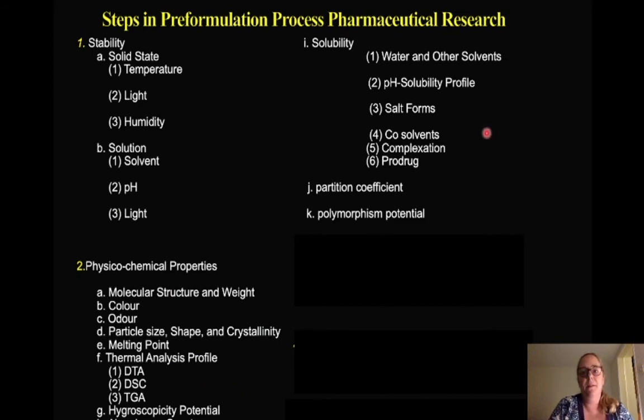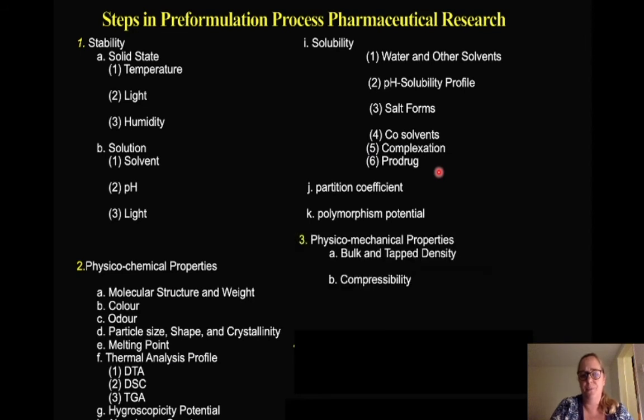The pH solubility profile is checked. Different salt forms are looked at, even co-solvents and something called complexation, and also the prodrug. And then there are some calculations to consider, something called partition coefficient and also polymorphism potential.